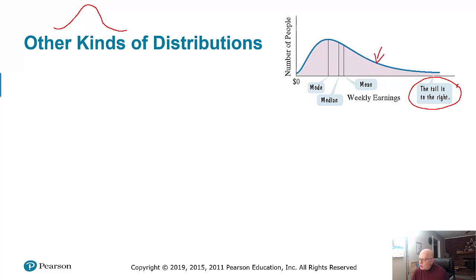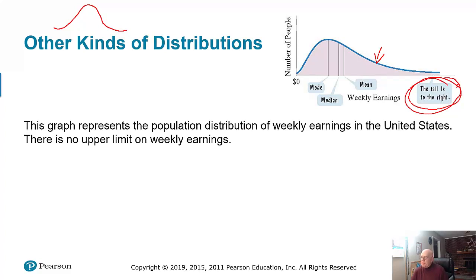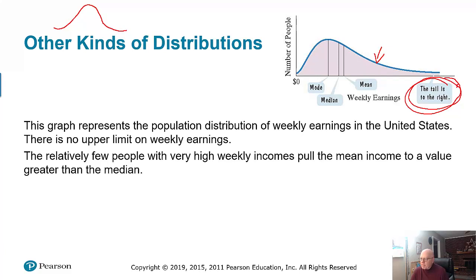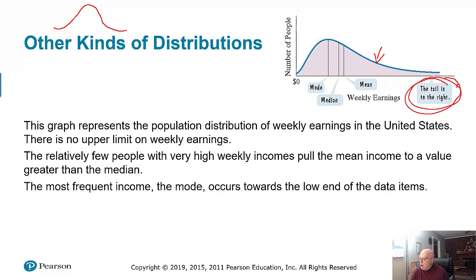This one is not normal. It's pulled to the right, the tail is on the right, so it's skewed to the right or positively skewed. And that gives you an idea of where the mean, median, and mode are.